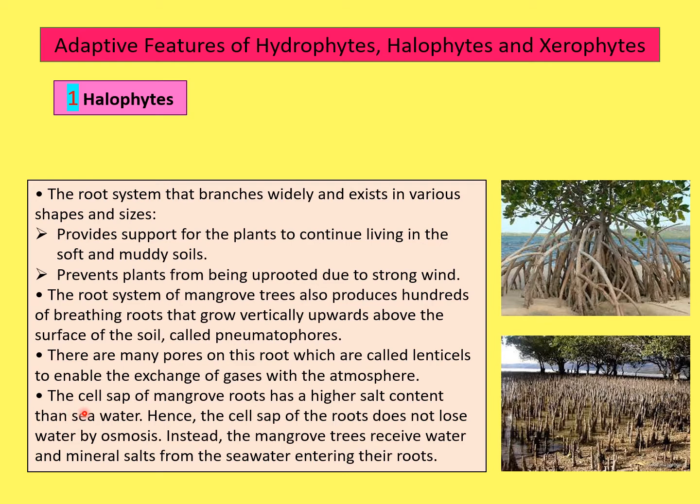And then beside that, the cell sap of mangrove roots has a higher salt contents than the seawater. Hence, the cell of the roots does not lose water by osmosis. Instead, the mangrove tree receive water and mineral salt from the seawater entering their roots.